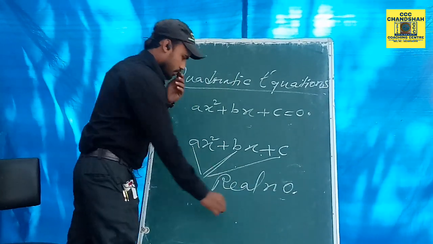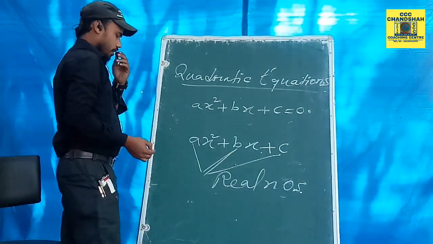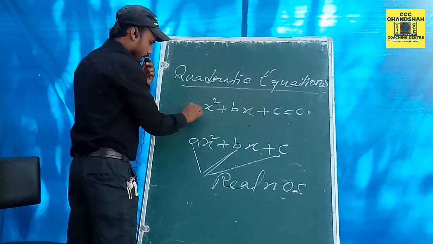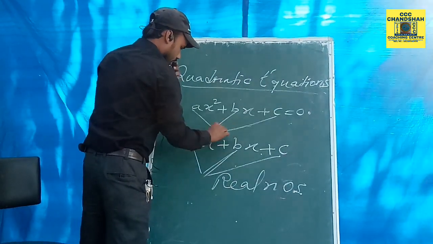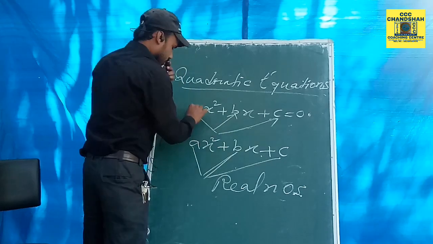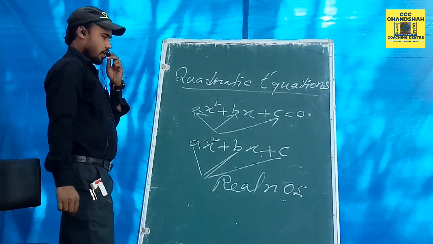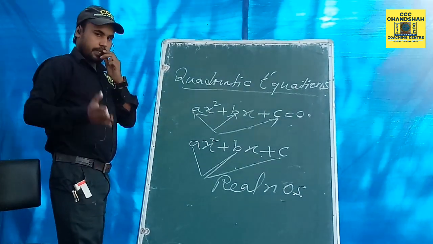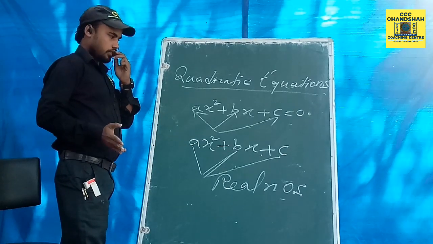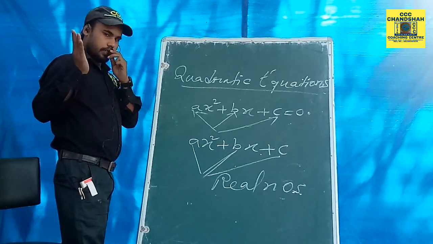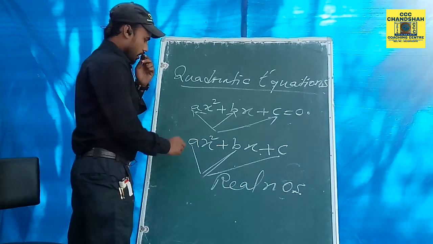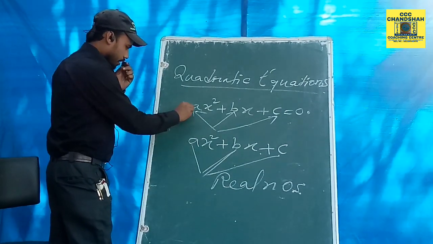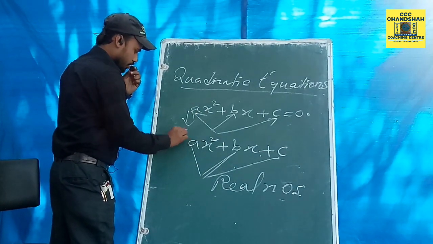And here also a, b, c are all real numbers. These will be replaced by numbers, and these numbers will be real numbers. And the value of a can never be 0.